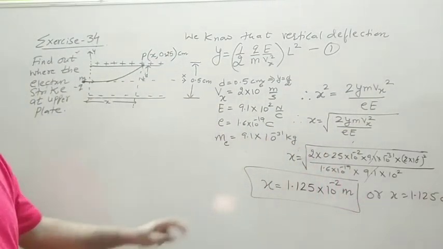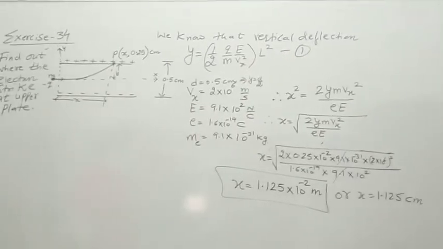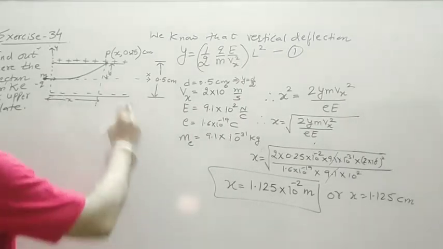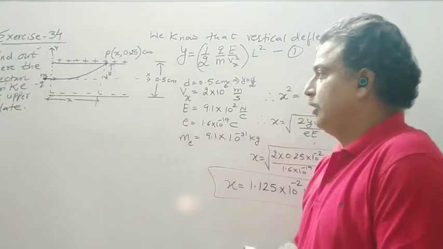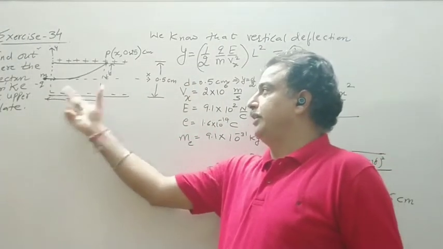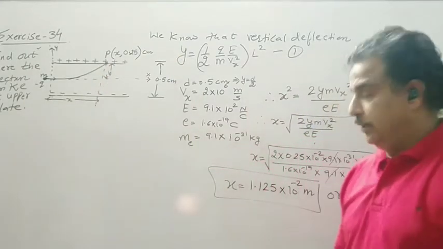Now this is the x coordinate where the electron will strike. So this is the distance from the origin where the electron will strike.